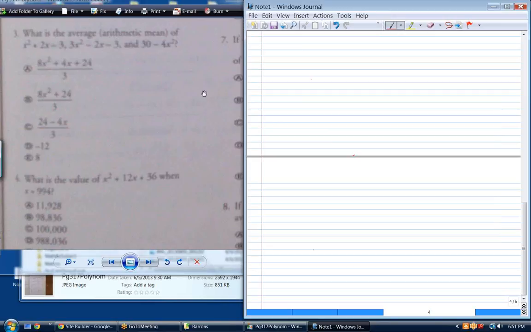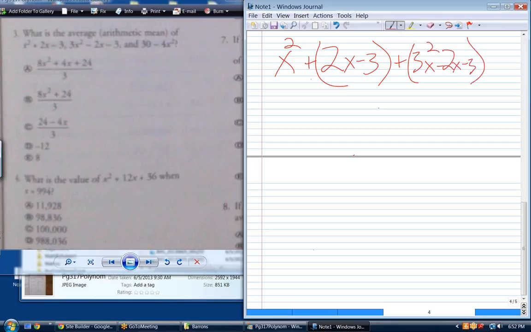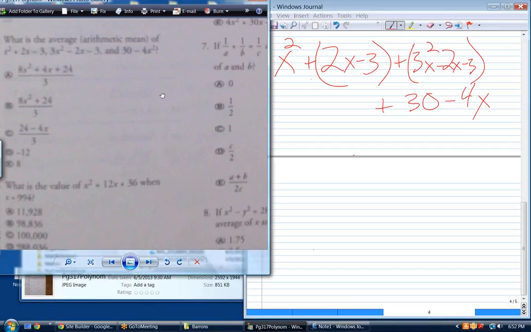What is the average of, I'll write it out because I don't know if you can read that, 2x minus 3 in parentheses plus, wow, 3x squared minus 2x minus 3 plus 30 minus 4x, what the heck is that, squared?